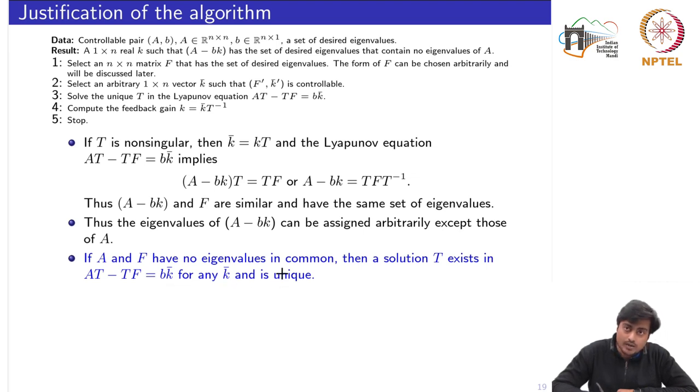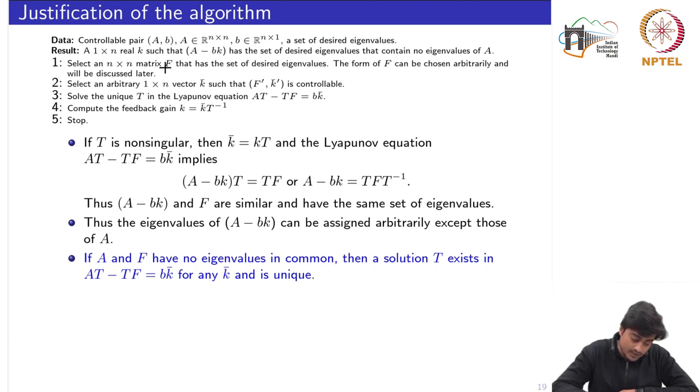So this is the most important point here, which we would formulate into a result, and we will see the proof as well. Because the most important thing in all these 4 steps is that here we solve for the unique T, so we should first know as a preliminary step whether that T exists or not.